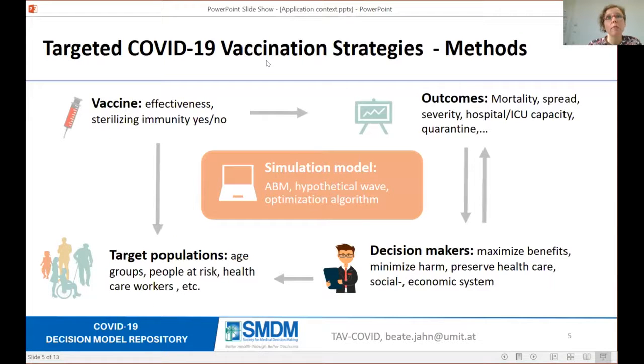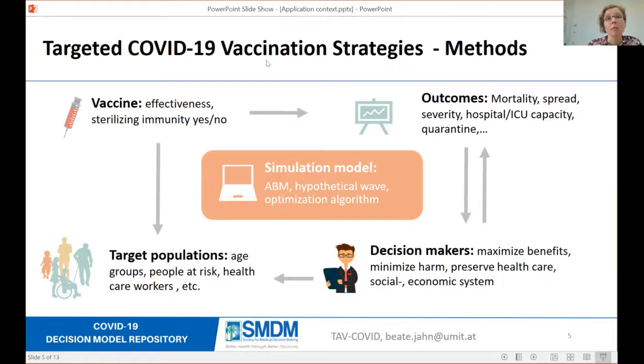Important for our simulation is, first of all, to understand the impact of vaccines. And here we learn from our biologists of the panel that the vaccine may not necessarily provide sterilizing immunity. In fact, it may not necessarily prevent acquiring the virus, but most likely, in their opinion, it will prevent disease or symptoms and complications from the virus.